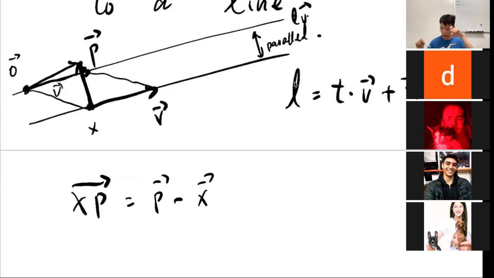But this is not necessarily the distance, because we don't know whether this vector XP is perpendicular to the line L.